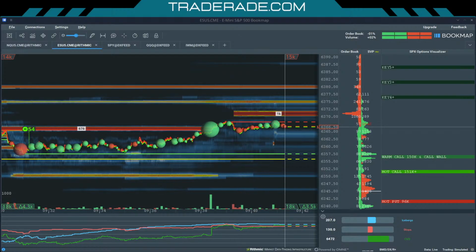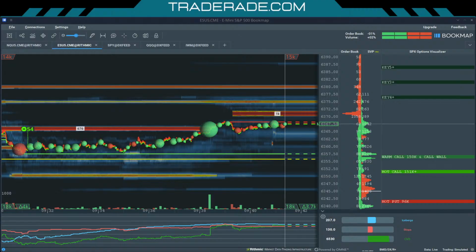So you can see price just consolidating around that larger offer overhead.